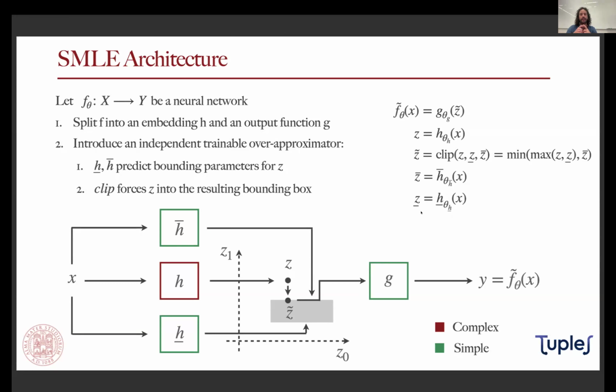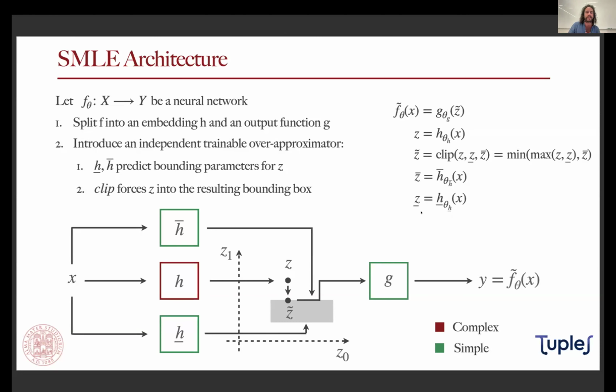The clipping operator just makes sure that Z indeed falls into this box. So intuitively, the auxiliary models try to locate Z in the latent space. The clipping operator is used as a safety mechanism, okay?